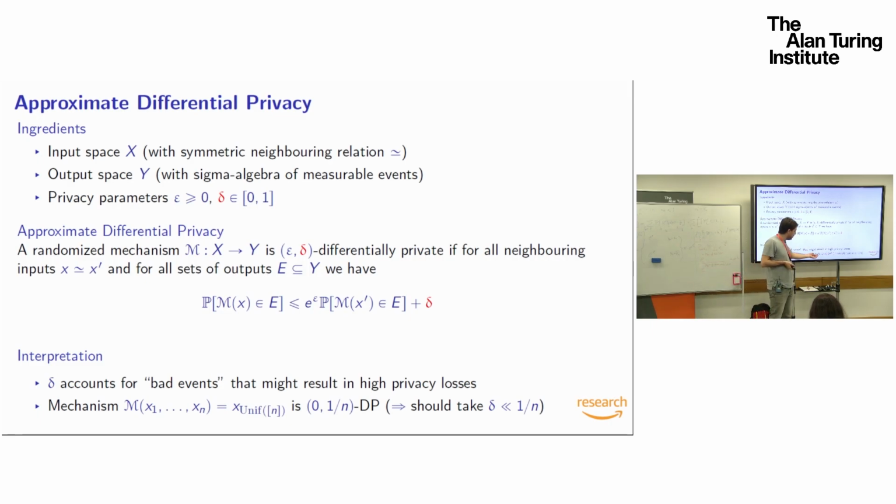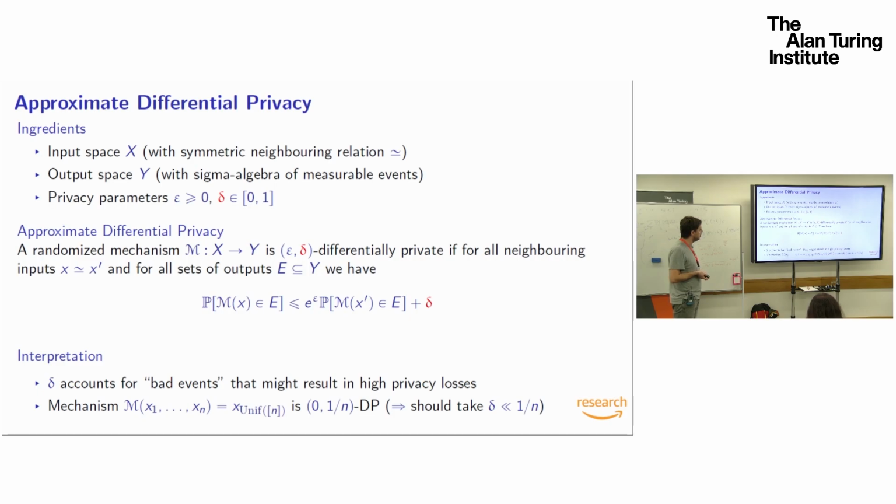However, it is very easy to see that this mechanism is (0, 1/n) differentially private. So that's just a warning that if you're thinking of working with epsilon-delta differential privacy, you should take delta to be much smaller than 1 over the number of individuals in your data set. Because otherwise, this silly mechanism satisfies the definition, and this is obviously non-private.